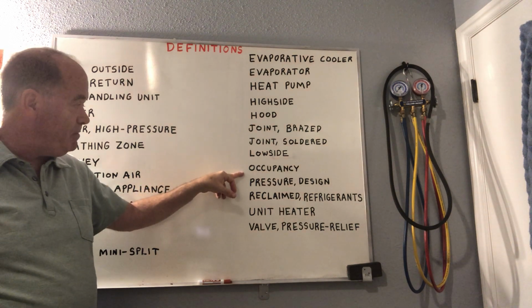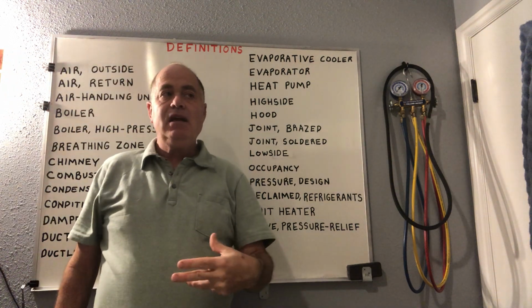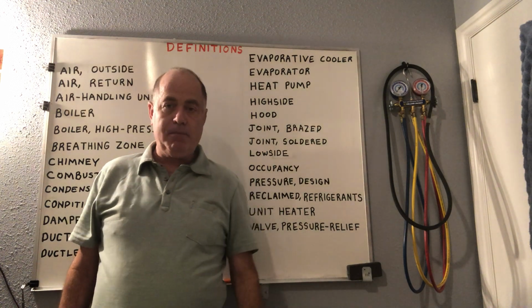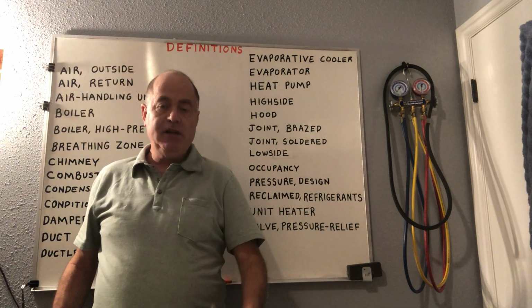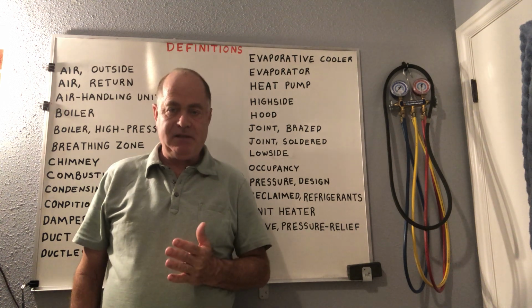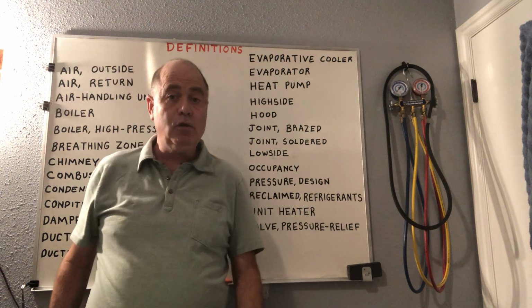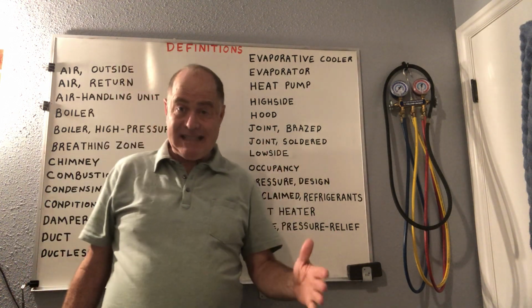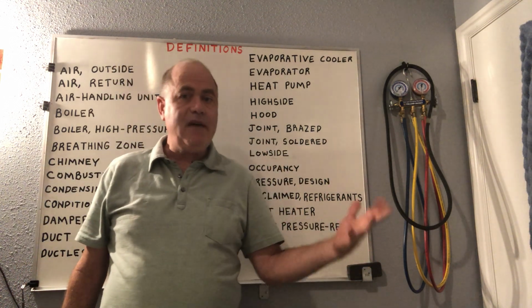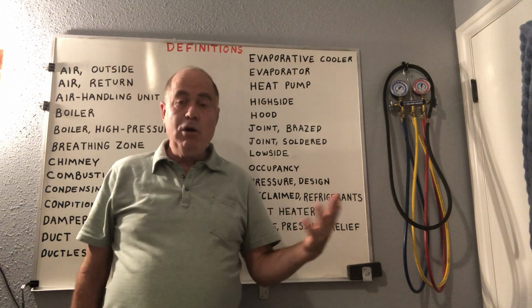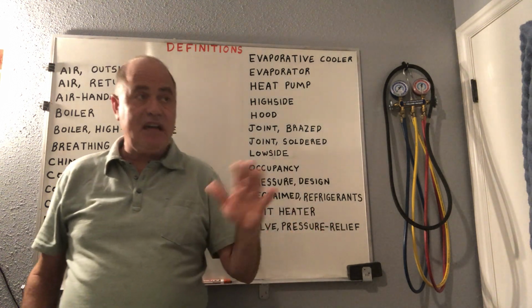Now, we went over low side here. Let's talk about occupancy. Occupancy is what you always have to put on a permit. How is the building going to be used? What is its purpose? Is it R, is it residential or even hotels? Are people going to be sleeping there? Do we need to have extra smoke detection and carbon monoxide detection because of that?